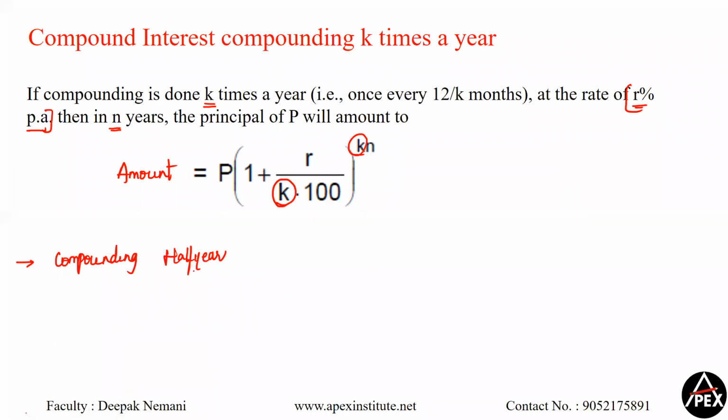It is compounding every 6 months, so it will get compounded twice. So compounding half yearly is equal to compounding twice. Please understand this. Compounding twice is also equal to compounding every 6 months.